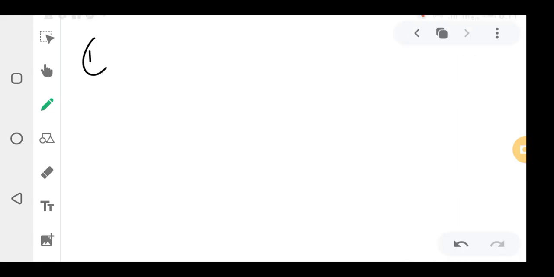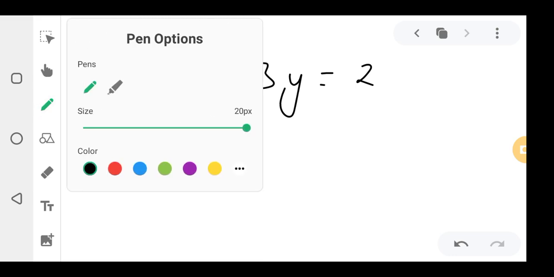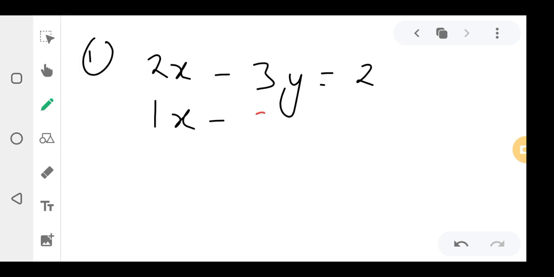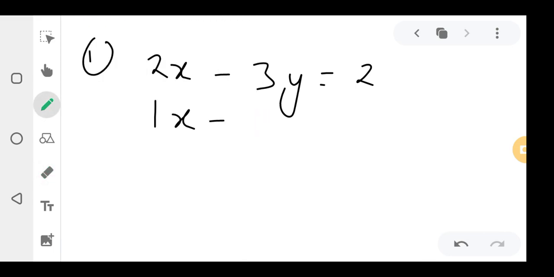Question 1, it is 2x minus 3y is equal to 2, x minus 3y is equal to 4. Question 1.